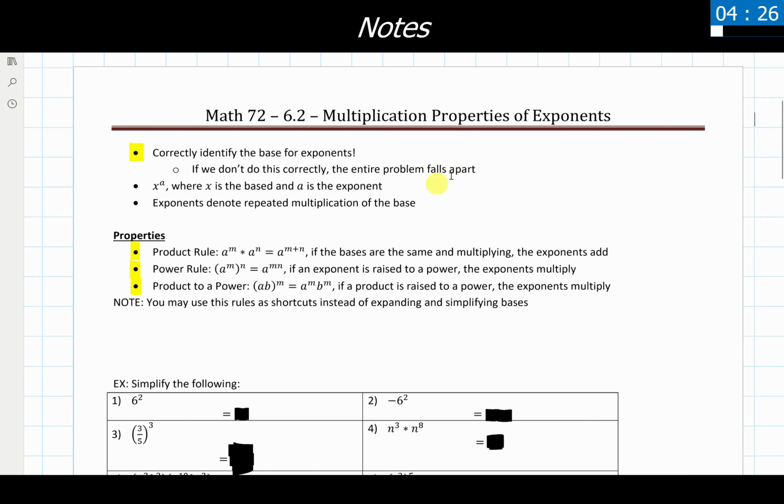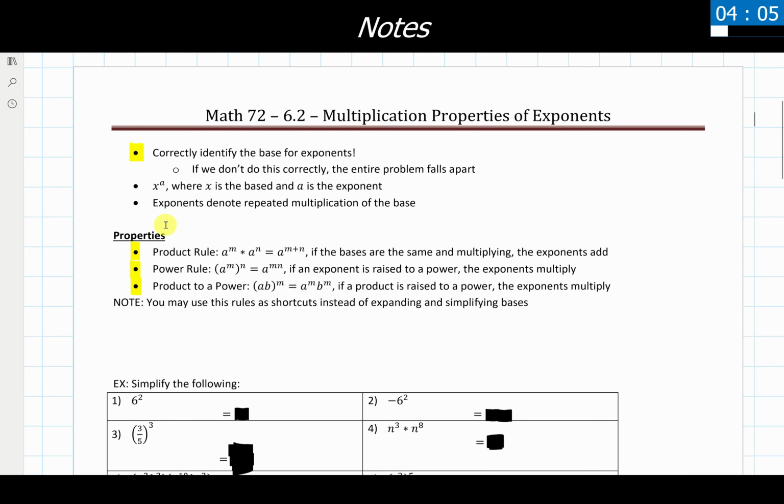As a quick reminder about exponents, if we have something like x raised to the a power, the variable x here is considered to be the base. And a, the little number hanging out up top, is considered to be the exponent.